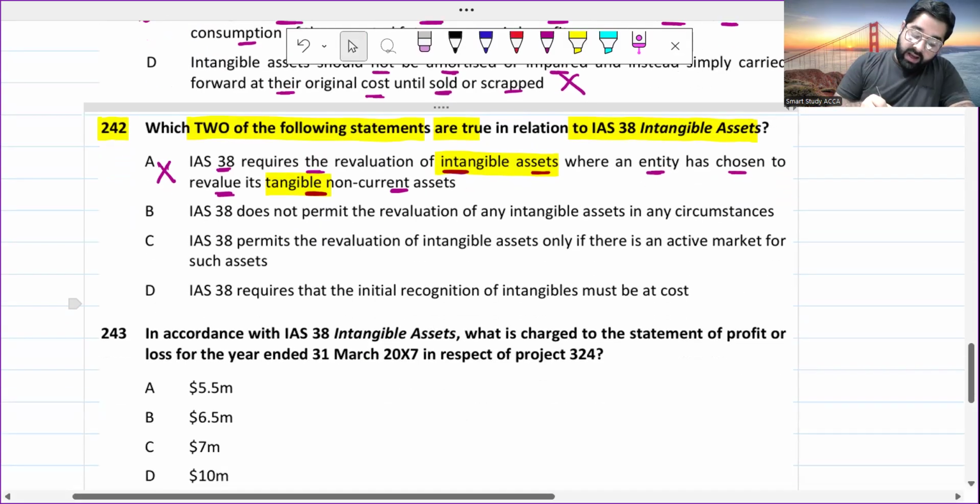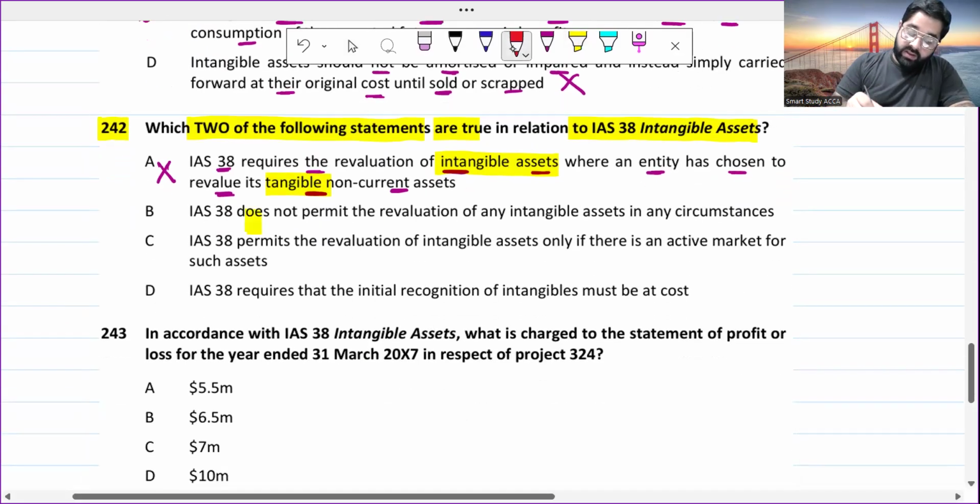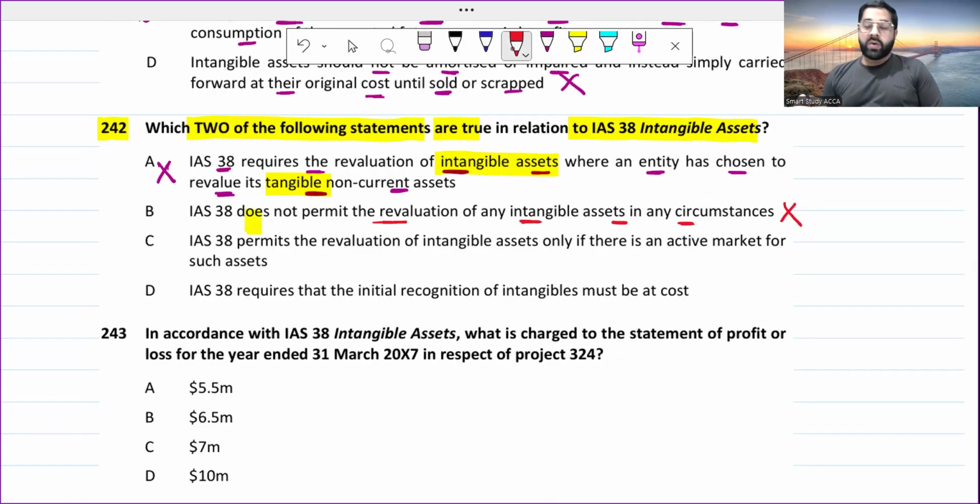Option B, IAS 38 does not permit the revaluation of any intangible asset in any circumstances. It is wrong. You can revalue your intangible asset if there is an active market. Active market means where frequent selling or buying of that intangible asset occurs. IAS 38 permits the revaluation of intangible assets only if there is an active market for such an asset.